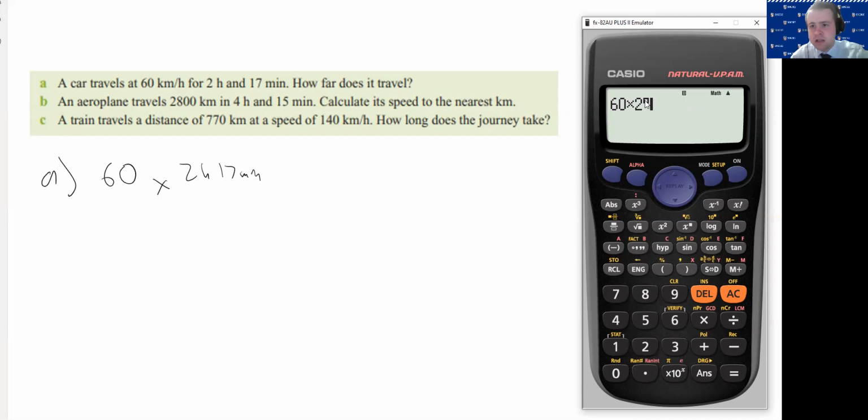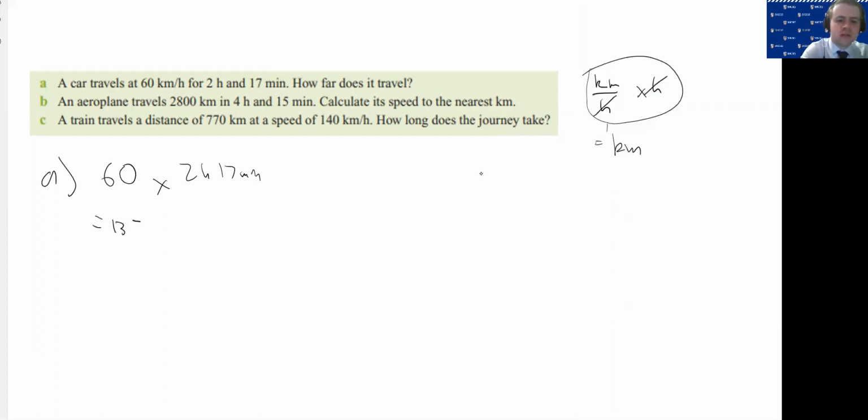It looks like a degrees symbol, but it can also work for hours. And then 17 minutes. You press it again, and that will give us our answer here, which is just 137 kilometers. So you just need to be able to interpret that and know that it means kilometers in this example. So 137 kilometers is our answer.